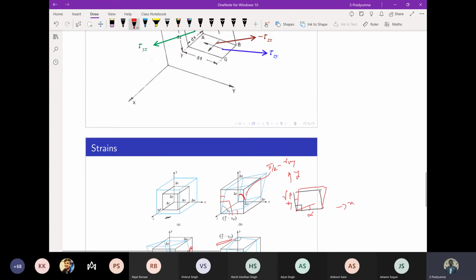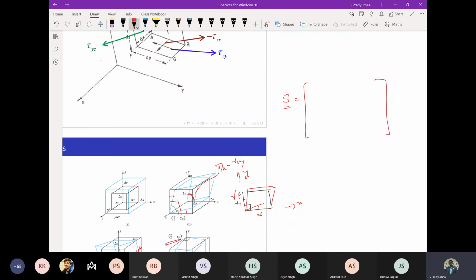Now if I go back to the stress, the state of stress tensor S, I can write in a matrix form. Sigma xx or sigma x, sigma yy or sigma y, sigma zz or sigma z are the normal stresses.